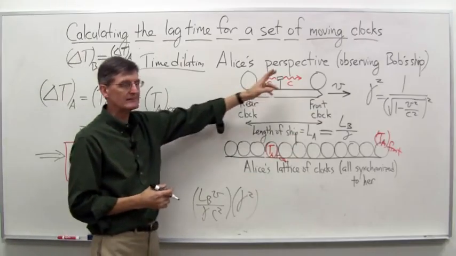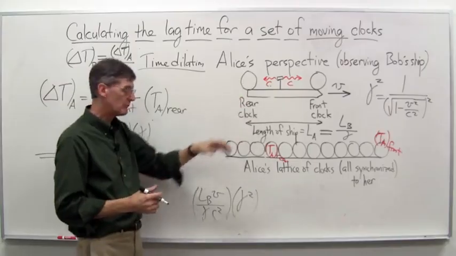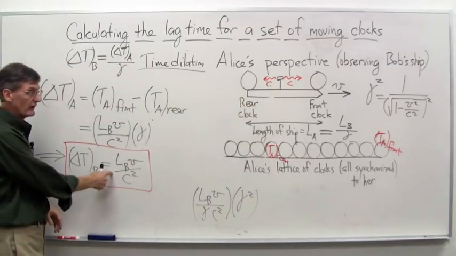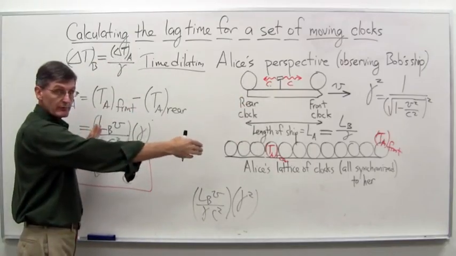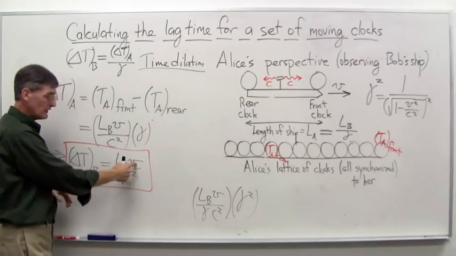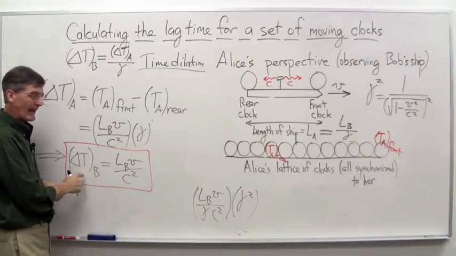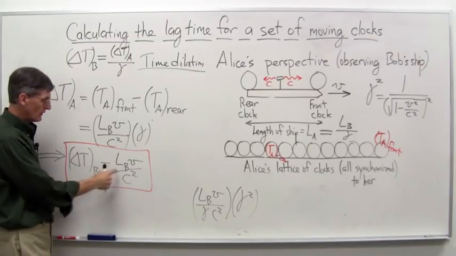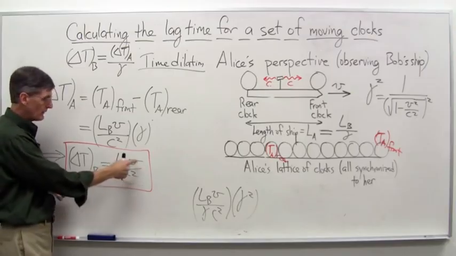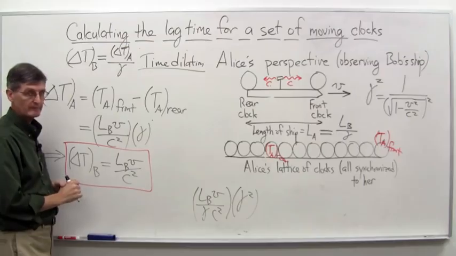And the front clock lags the rear clock by how much? By this much. If I know what the length of Bob's ship is to Bob, and I know what v is, then the difference that Alice sees on Bob's clocks is the length, according to Bob, times v divided by c squared.